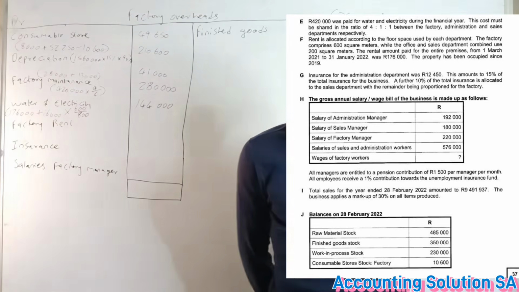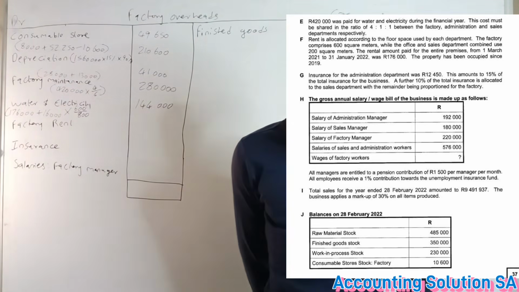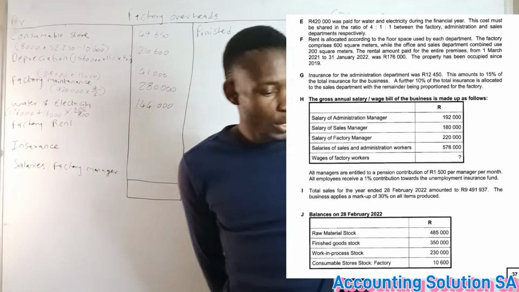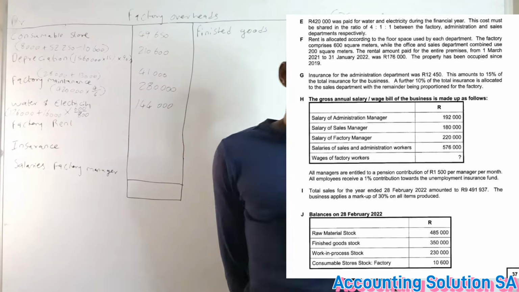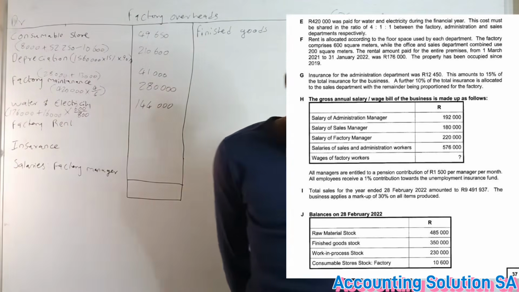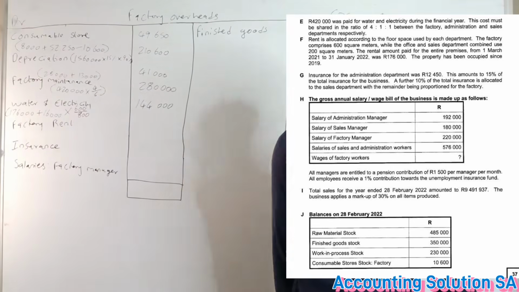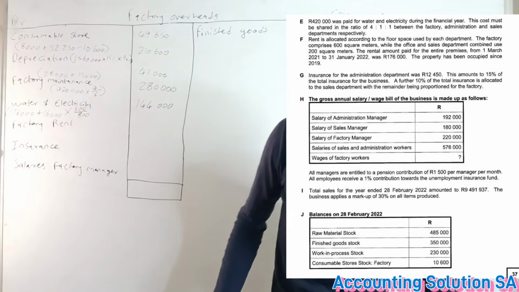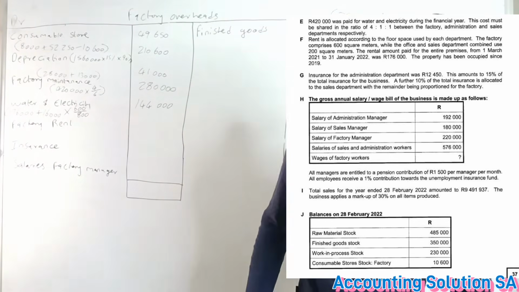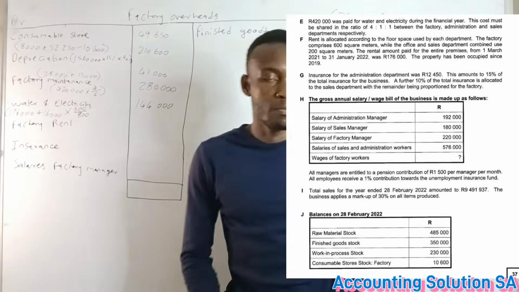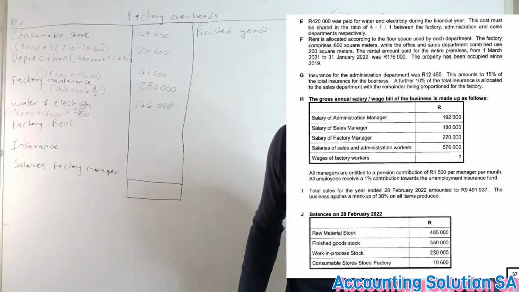The statement says that this amount of 12,450 is 15% for the administration department, which means that the other percentage is the one that belongs to a factory and a sales department. But they said 10% is for the sales department, which means that 25% is the one that does not belong to factory overhead.